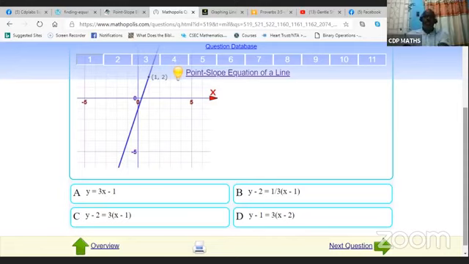Who's going to give me the right answer? Who has the answer?